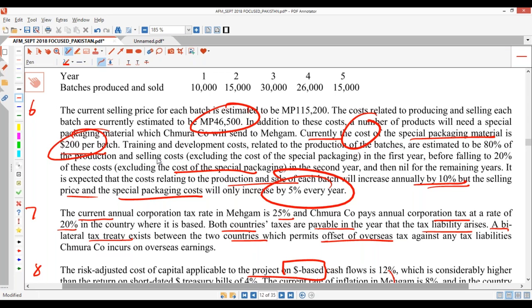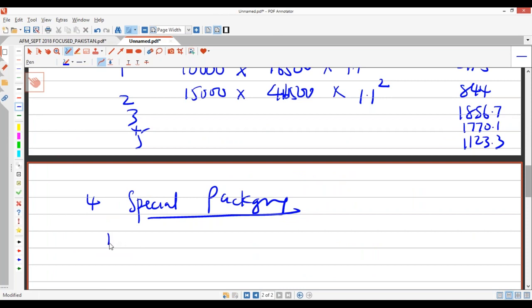I pass it to you for cost, then fine. No need to worry about any tax on special profits when you come back home later. There's no profits here. It's just special packaging at cost. The only trick here is this is going to be multiplied by 10,000 units, multiplied by 200, multiplied by 1.05, because this is a current price. So 1 year from now, it will be inflated by 5%.